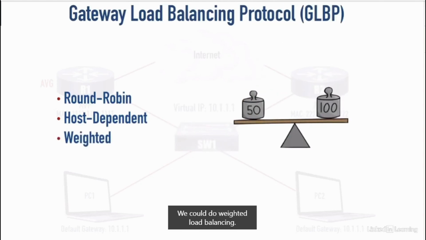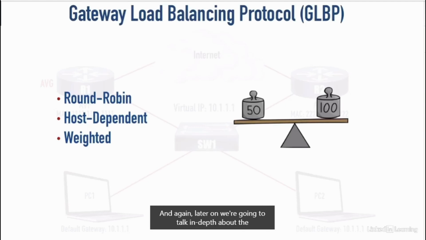We could do weighted load balancing. For example, if I assigned a weight of 50 to R1 and a weight of 100 to R2, then that means my Active Virtual Gateway would be handing out R2's MAC address with a weight of 100 twice as often as it would be handing out R1's MAC address, which has half the weight, a weight of 50. That's going to give us weighted load balancing.